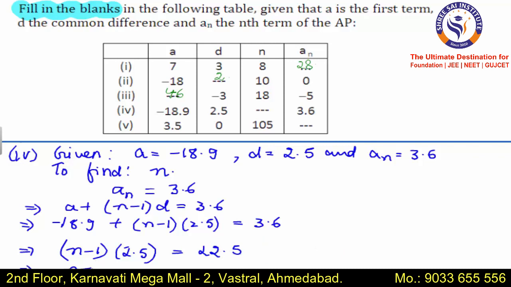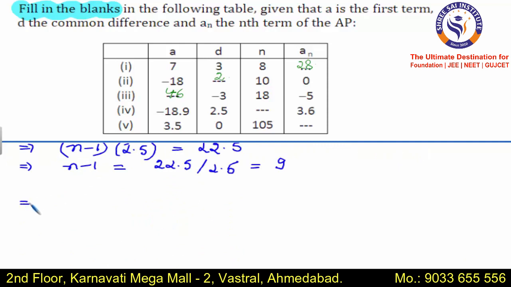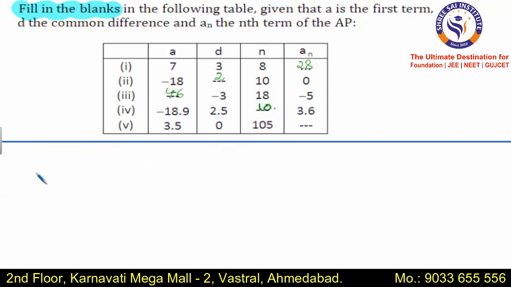This further implies that N minus 1 is equal to 22.5 divided by 2.5, and this is equal to 9. This further implies that N is equal to 9 plus 1, which is equal to 10. Therefore, the value of N is 10. Now let us proceed on to the last part.